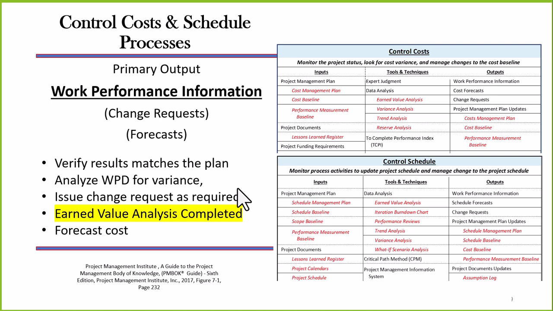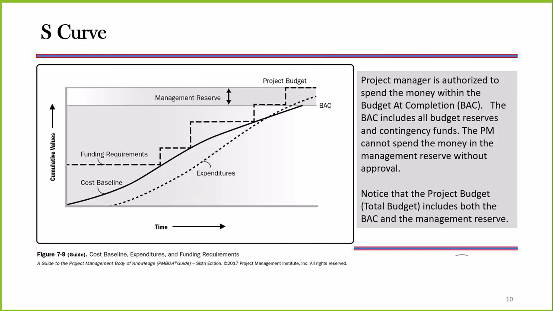So how are we performing? Do the results, the actual, match the plan? Do we have to issue change requests to bring the variances under control? What is our forecast based on our analysis? And all of these will be an output as a result of the things we do in control cost and control schedule.